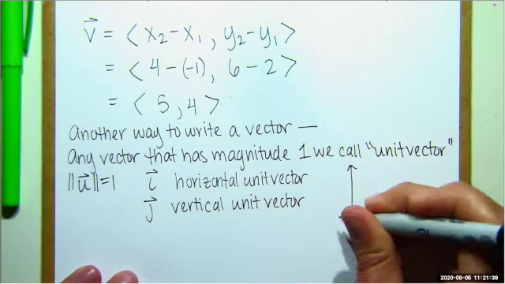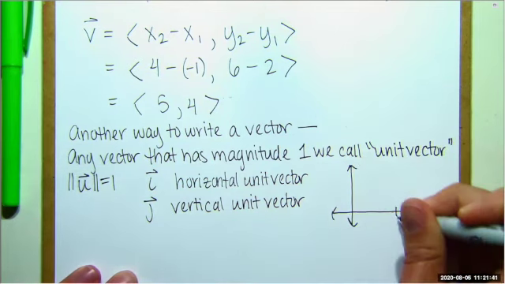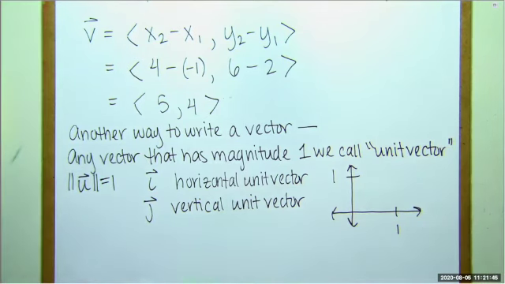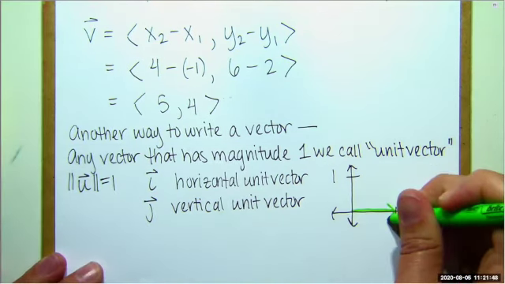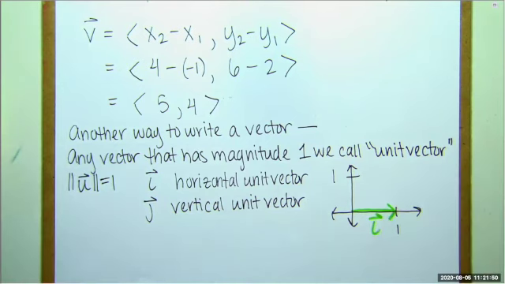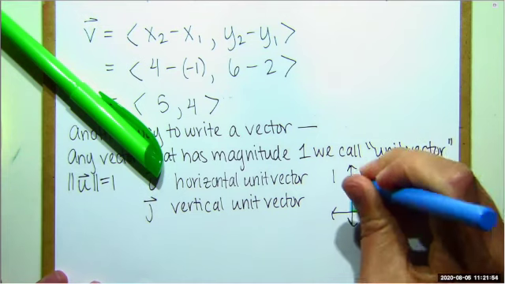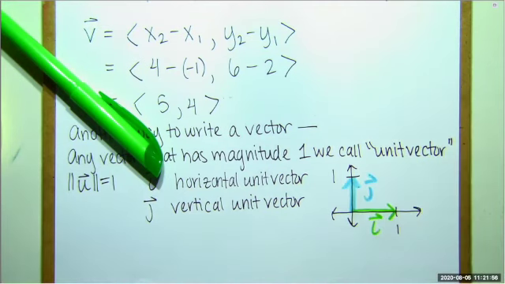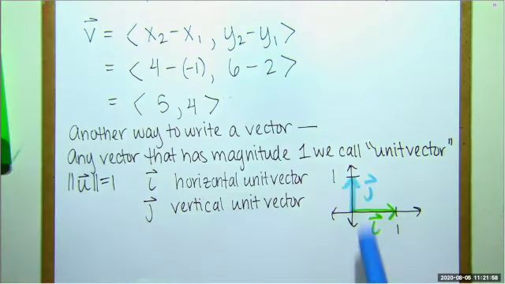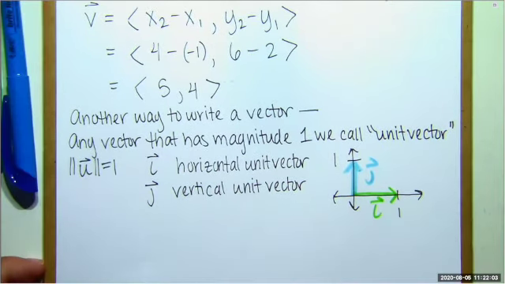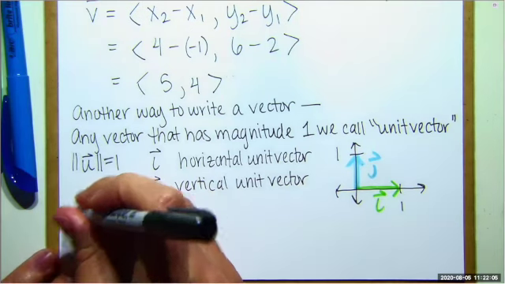So here's what i and j look like. i is horizontal and has length 1. j is vertical and has length 1. And usually we leave the dots off of the tops of the i's and the j's and replace them with those little hats.